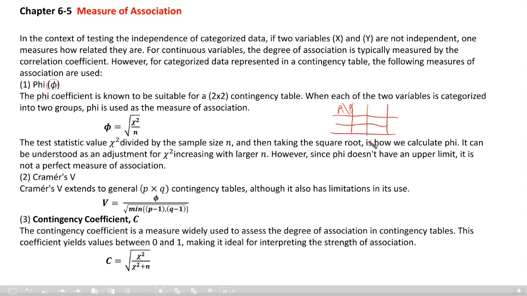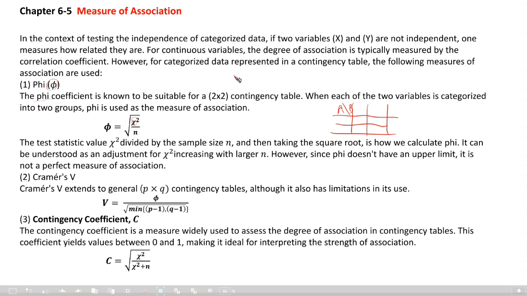When each of the two variables is categorized into two groups, phi is used as a measure of association. Phi is defined as the square root of the value of chi-square, the test statistic in this case, divided by n.